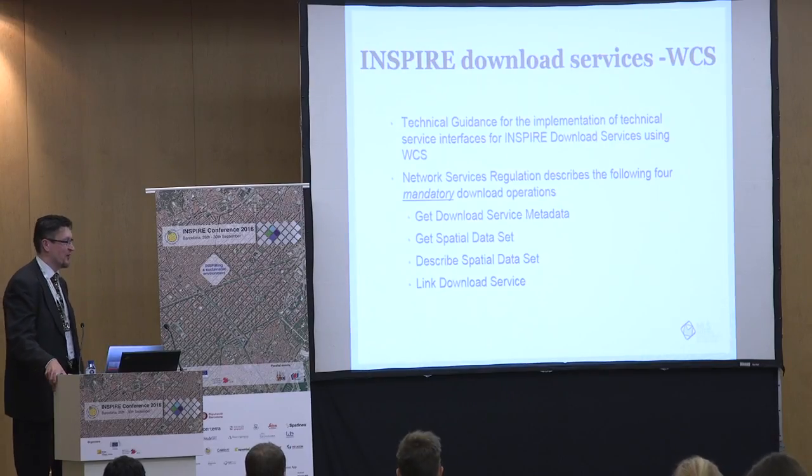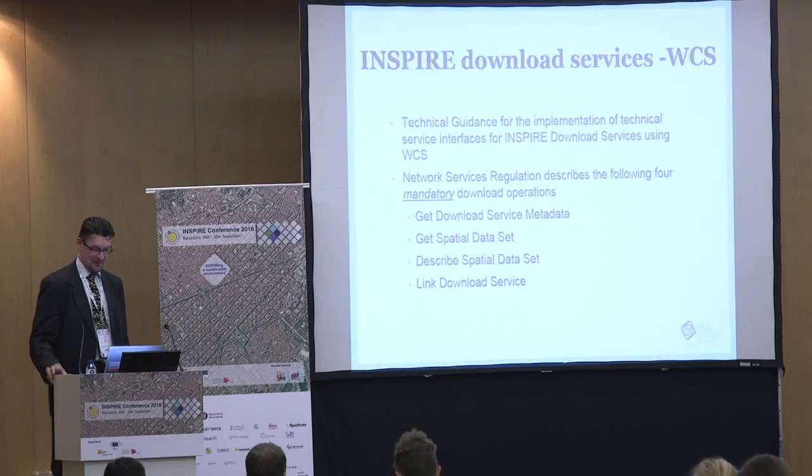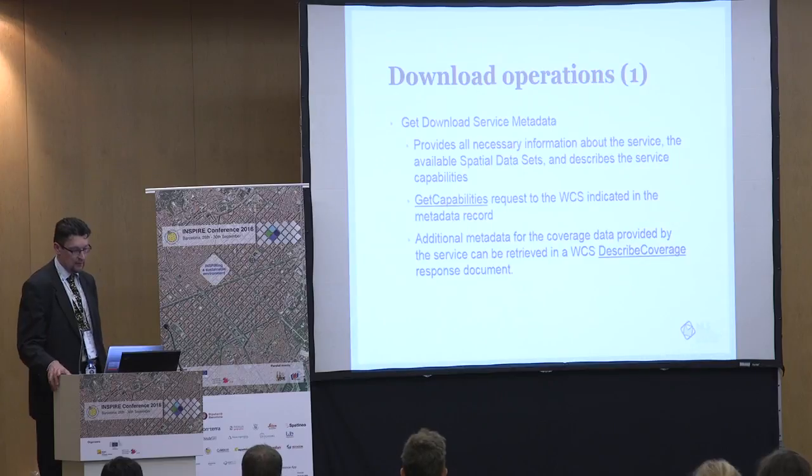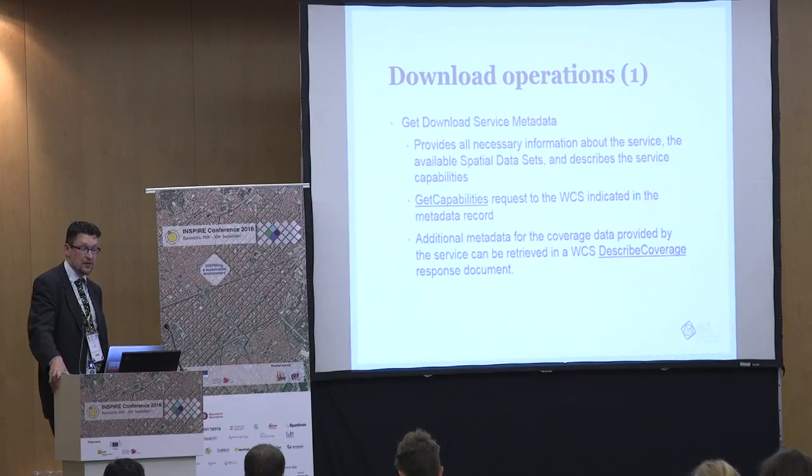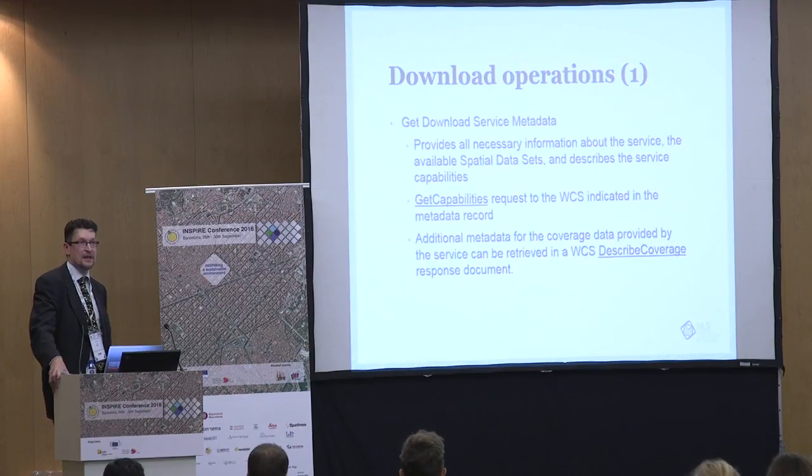So it's not voidable, but it's "where applicable" operations. But let's start with these 4 operations. First, Get Download Service Metadata, revealing information about the service, about datasets and the service capabilities. And as you may be aware, in all OGC standards, GetCapabilities is the key operation for this particular purpose.